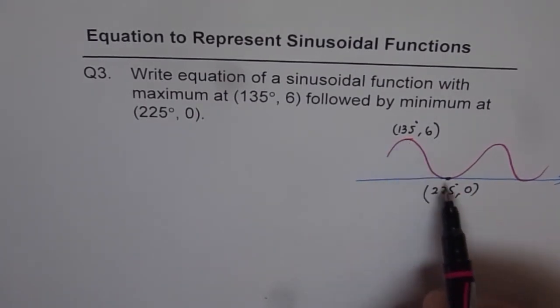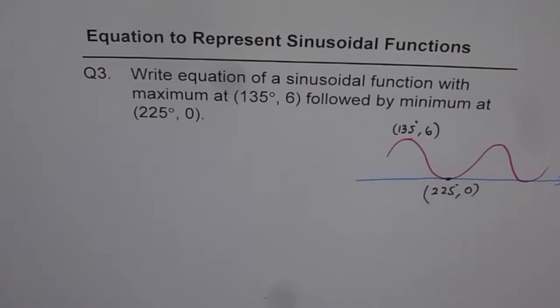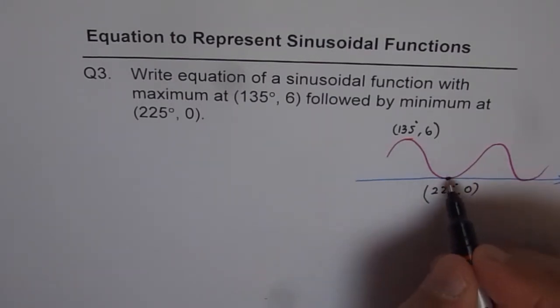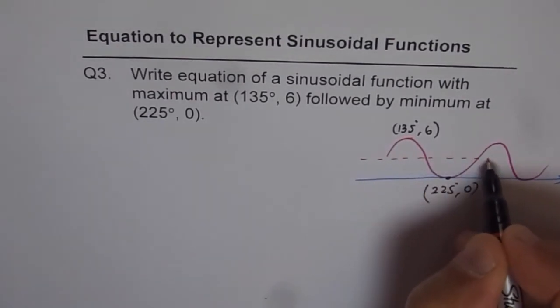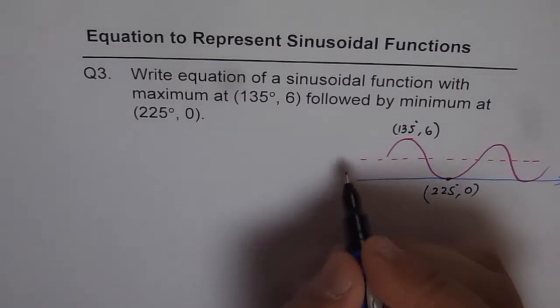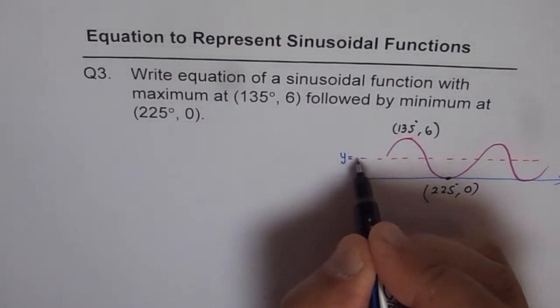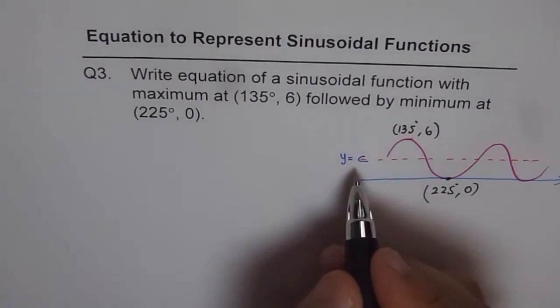Since we know the maximum and minimum, we can always find the axis. The axis of the equation is right in the center of these, so let's draw a line here, and this is the value y equals c. So for us now, what is c?